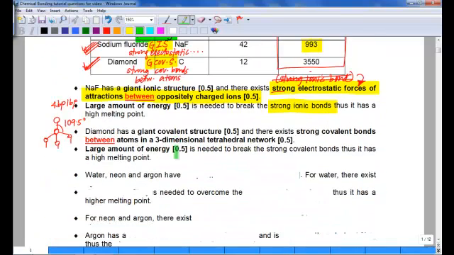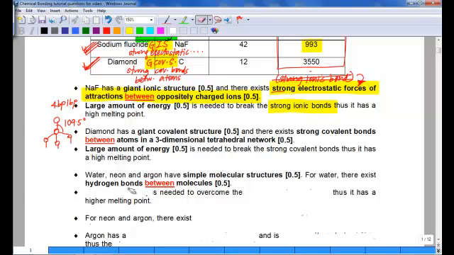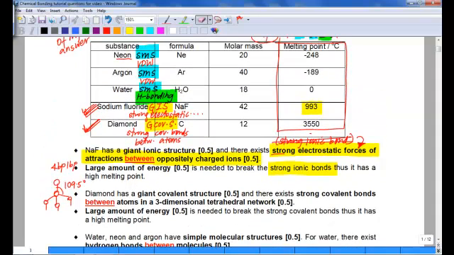So straight away, you group them together. Okay, they have simple molecular structures. However, you notice water has hydrogen bonds between the molecules, more energy needed to overcome the strong hydrogen bonds, thus it has a higher melting point, which is true because 0 versus all the negative numbers.